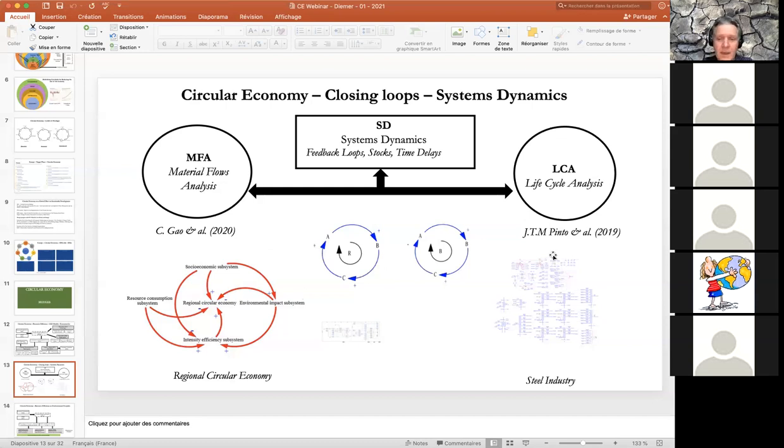The other case is how to develop specific circularity for different sectors. I think about sectors that are really energy intensive, so the steel industry, for example, or the car industry are really good examples today to understand how you can close the loops and understand what's happening.